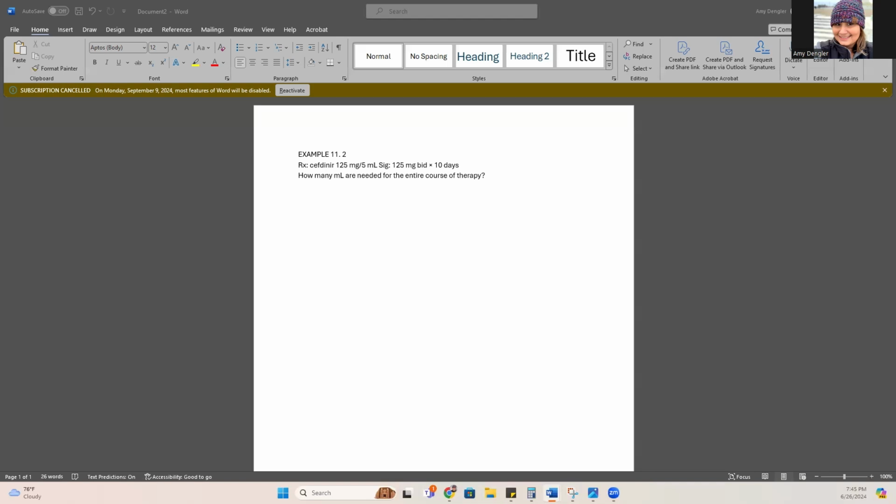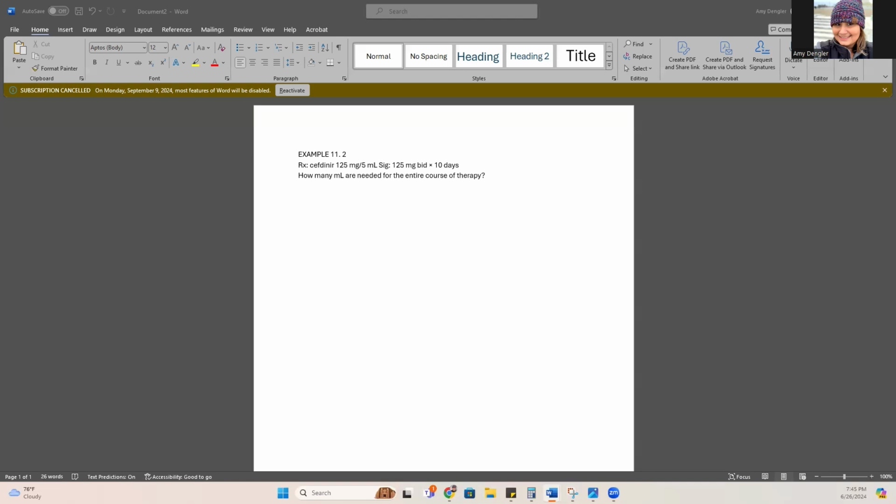But if we look at it, it's for the amount of 125 milligrams per 5 ml. And remember, in pharmacy, we're going to use ml.